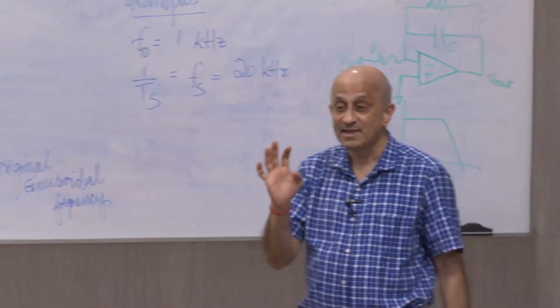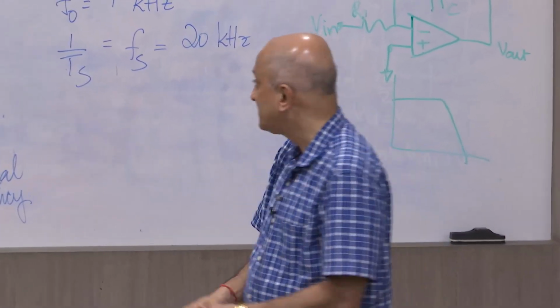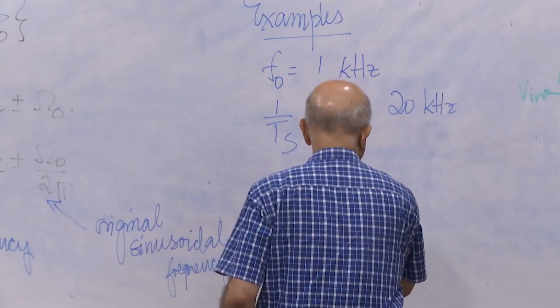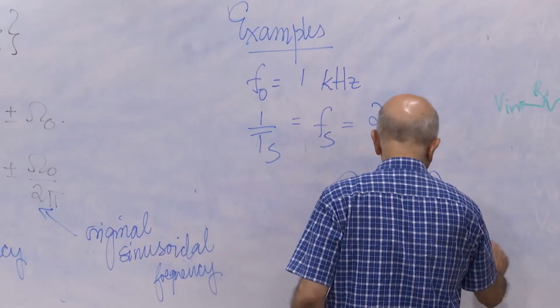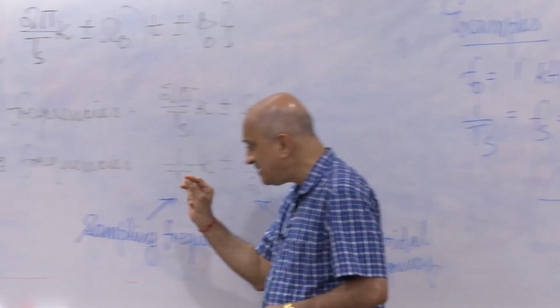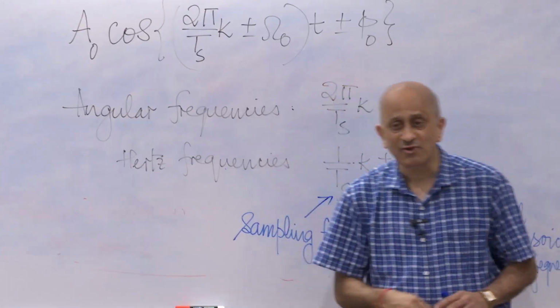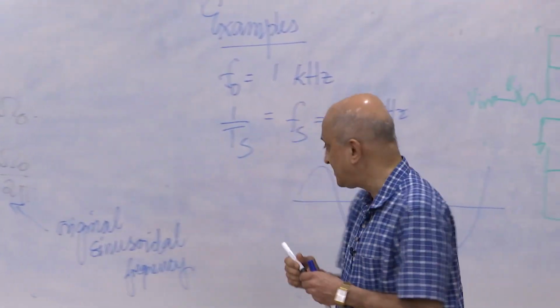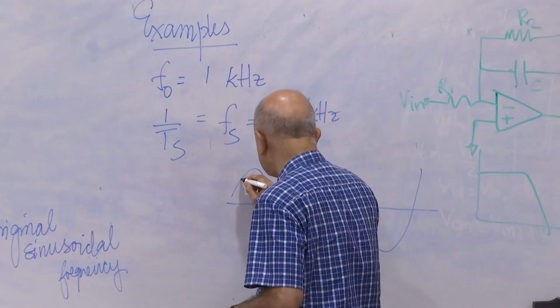Let's understand. You took a sine wave, you took a sinusoid, and you sampled it, meaning you reduced the sinusoid to very narrow pulses.